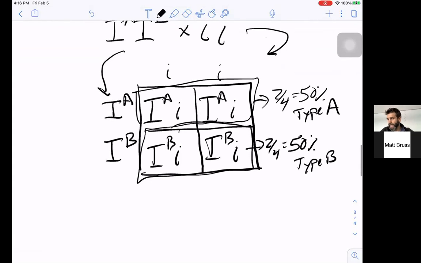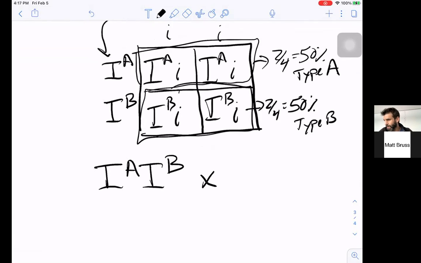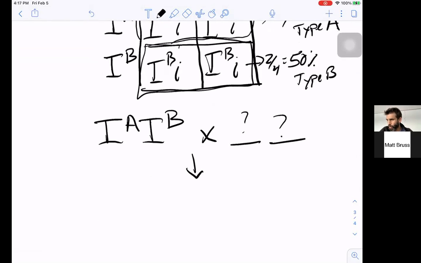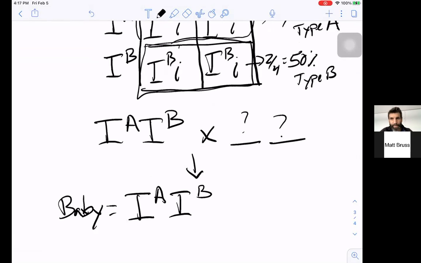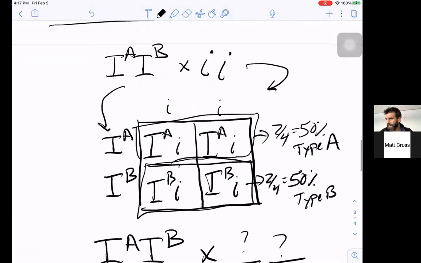So if we knew the mother was type AB and crossed with some father, and the baby is type AB, the question is, could this individual have been the father?